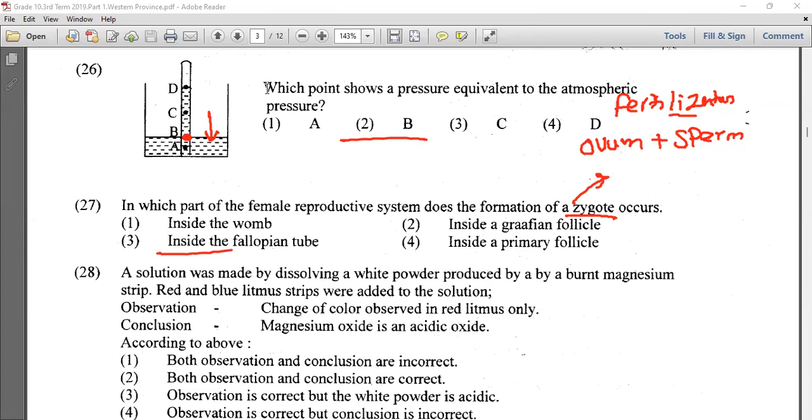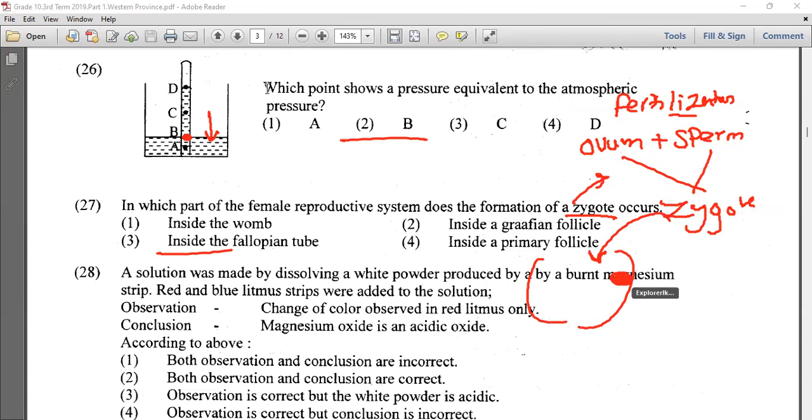But important: you call the fertilized ovum a zygote. The zygote starts cell division and rolls down all the way from the fallopian tube and gets implanted in the womb. This is called implantation.